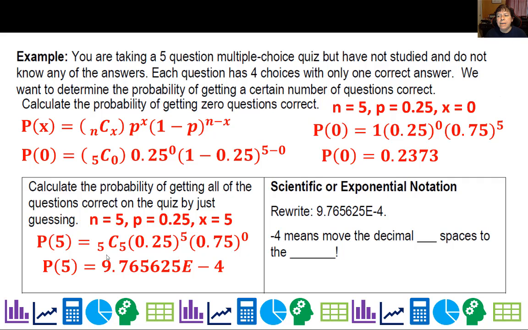Well, what does that mean? That E minus 4, this is scientific notation, and that minus 4 means move the decimal 4 spaces to the left. If it's a positive, you move it to the right. If it's a negative, you move it to the left. All right, so you're making it smaller. You're dividing by 10 to the 4, which is why it's negative. Because you could say multiply by 10 to the minus 4, and if you divide by 10 to the 4 and then move it up to the multiply, it becomes a negative exponent. Just an FYI.